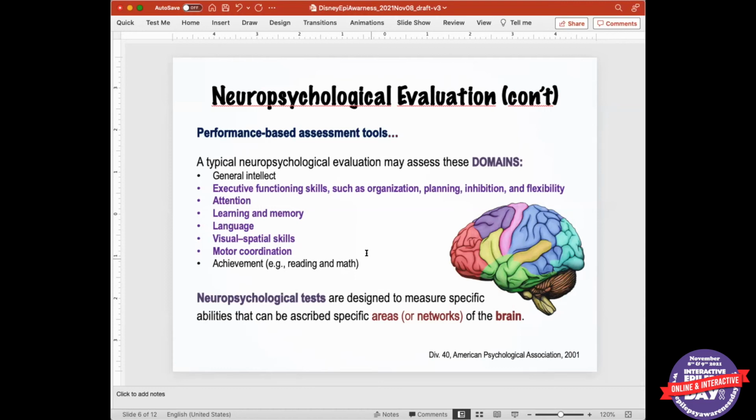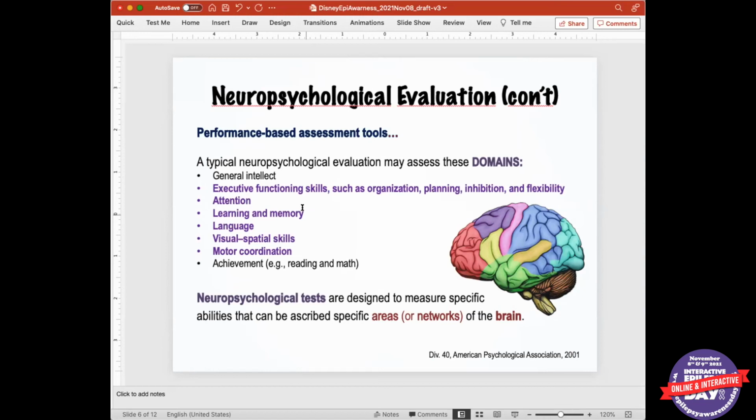In that case, we might look for a pattern that shows relatively typical function in executive functioning, attention, language, spatial skills, some of these other things, but learning and memory being low or lower than we might expect. That would be a profile consistent with somebody who has temporal lobe epilepsy, because memory is often the primary problem.